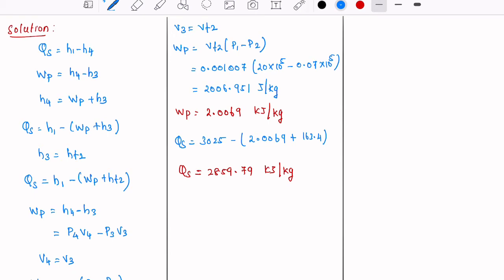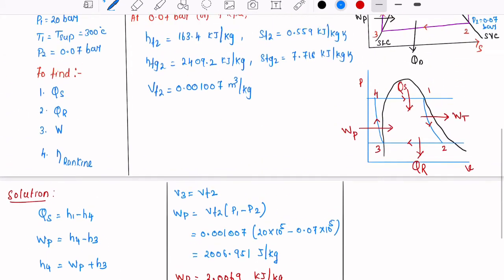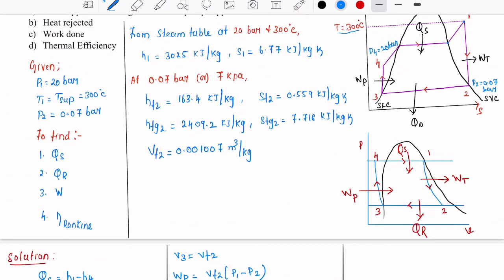Next, we have to find the heat rejection. The heat rejection, that is QR, is equal to H2 minus H3. From the TS diagram, you can see the 2 and 3 process is the heat rejection process. Since the heat is being rejected, it will get a negative sign.